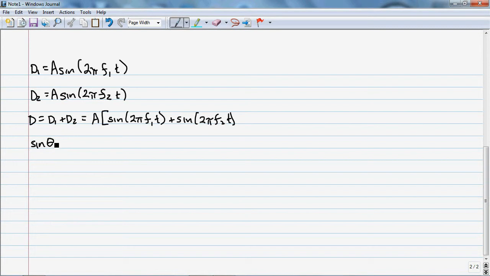So we have sine of theta 1 plus the sine of theta 2 is equal to 2 sine of theta 1 plus theta 2 over 2 times the cosine of theta 1 minus theta 2 over 2.